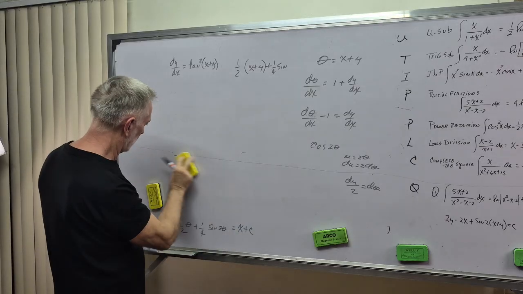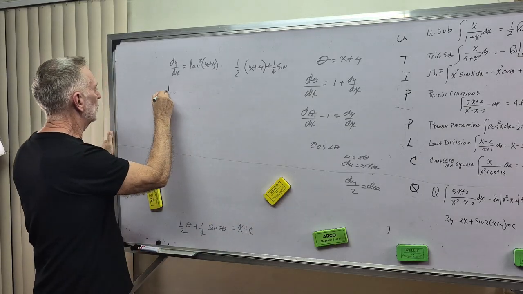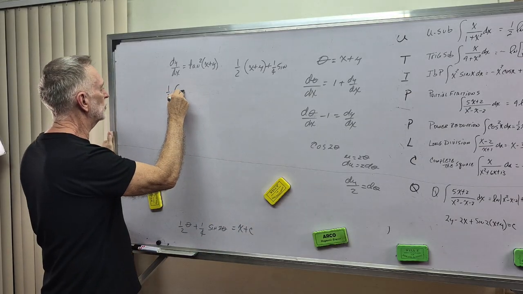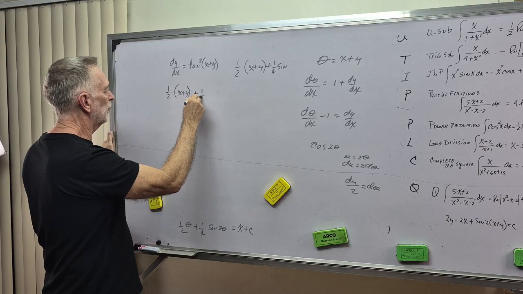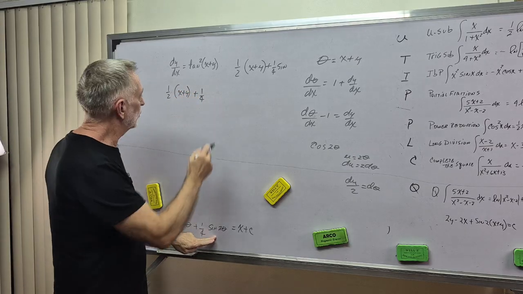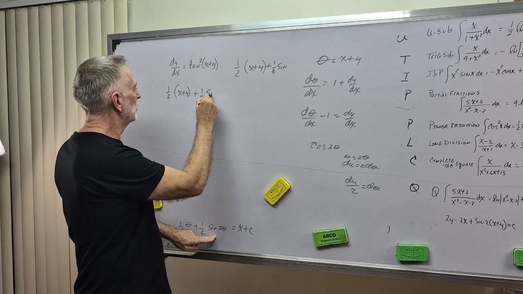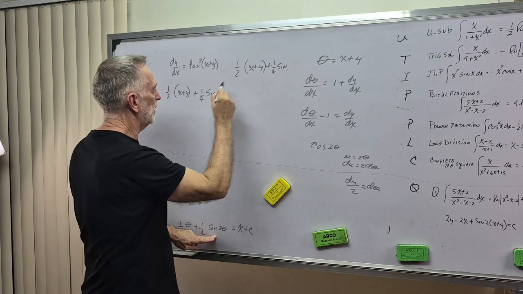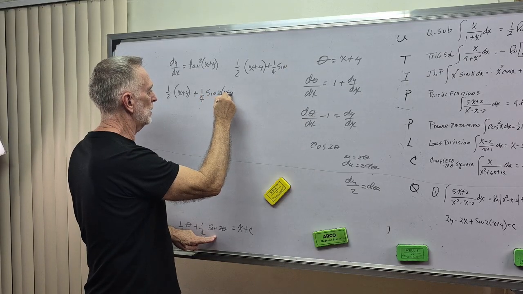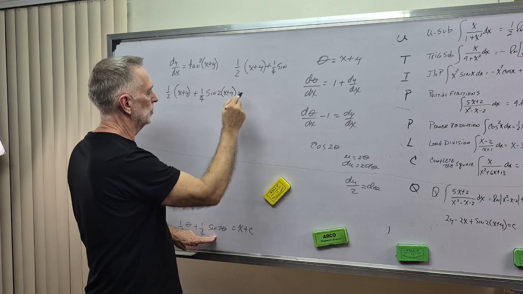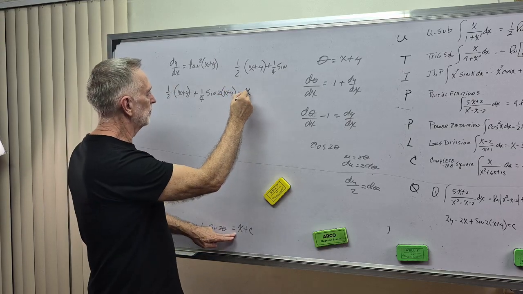So I have 1/2 x plus y plus 1/4 sine 2 theta, 2 theta, which was x plus y, and that equals x plus c.